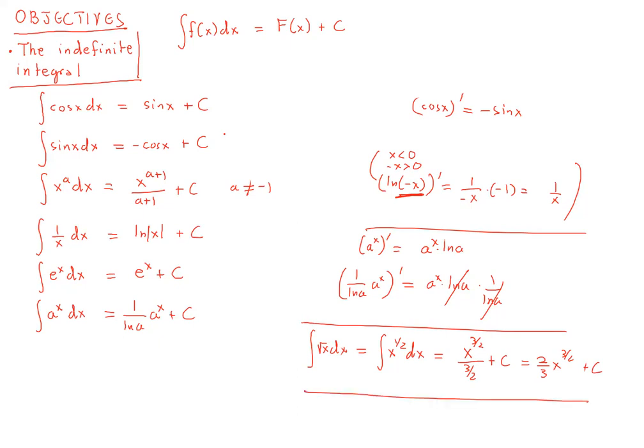Let's see a few more applications of this simple principle that we gave. So imagine that somebody is asking for the antiderivative, meaning the indefinite integral of cosine of 3x plus 2.